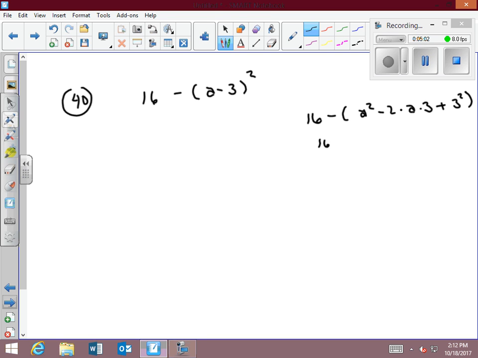And then you go 16 minus, change the signs of everything inside. And then combine terms, and then do it, right? You could do it that way.